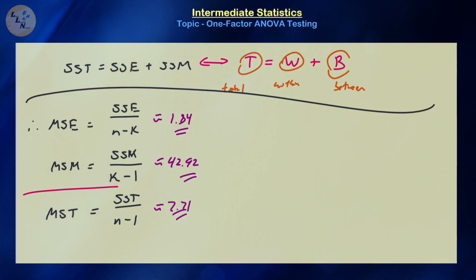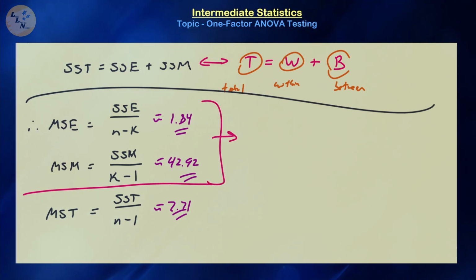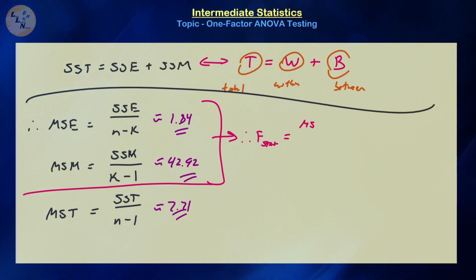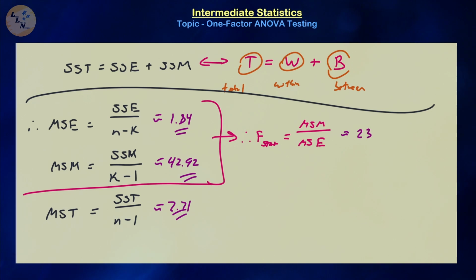So at least from these first two, we can calculate what we refer to as our F-test statistic. So our F-test statistic is going to be equal to the mean square error for our model divided by our mean square error for our error term. And for our particular example, you can find that to be approximately equal to 23.35, which typically is pretty large for an F distribution regardless of the degrees of freedom pair.